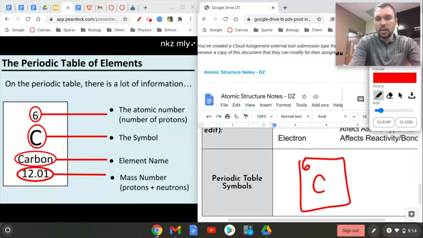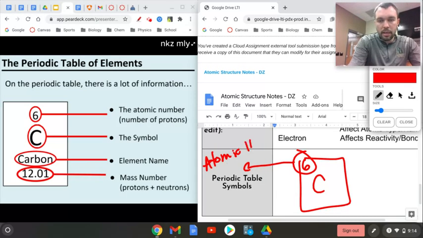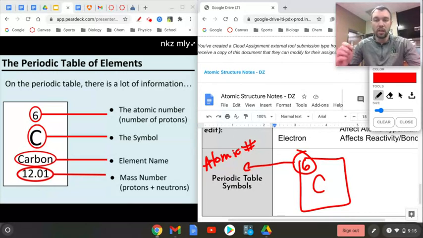All right, so this is the atomic number, and that is always the number of protons. There is no trick. If you know the atomic number, it is the number of protons. It's always the same. Okay, this is the symbol.